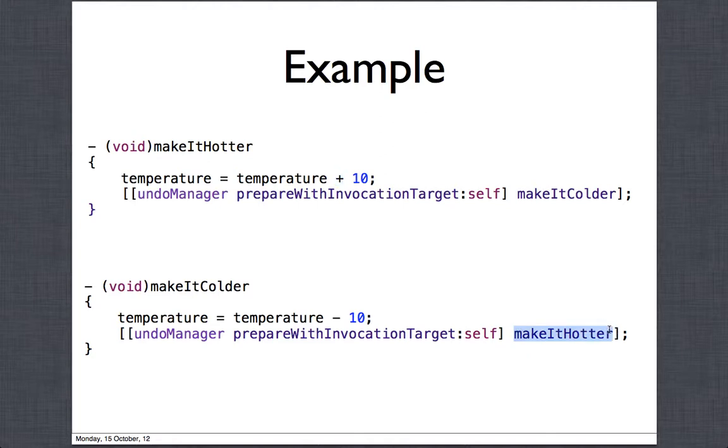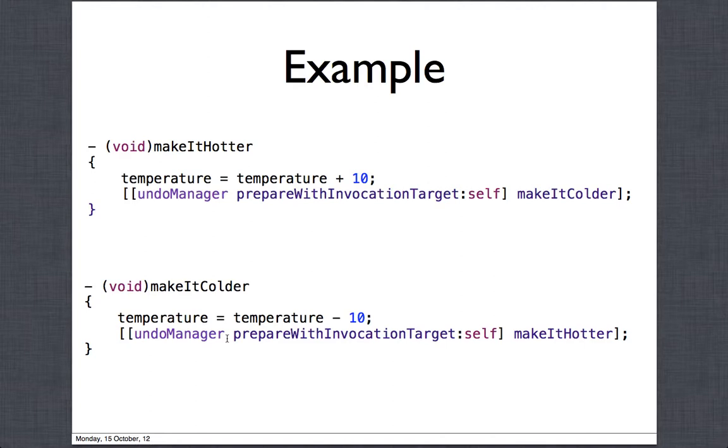Now, the undo manager is really smart because even though they look the same, if you hit make it hotter first, then this will be undo. But here we have the same line, but of course calling the other method. It knows which is undo and which is redo.